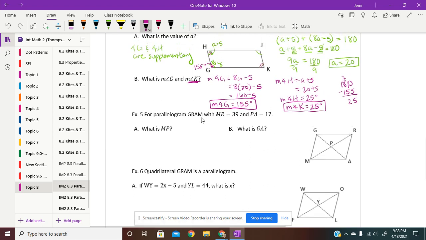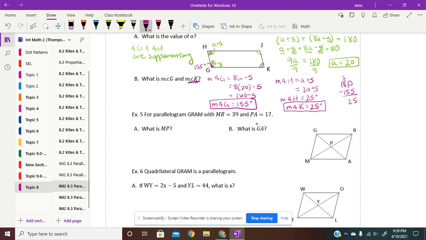Example 5. For parallelogram GRAM, with MR equal to 39 and PA equals 17, A, what is MP? B, what is GA? When there's no bar written on top of these letters, that means the length of. So let's go ahead and mark what we've got.